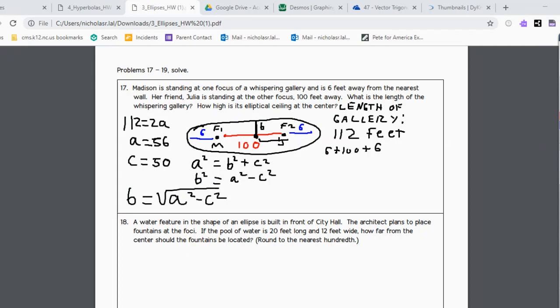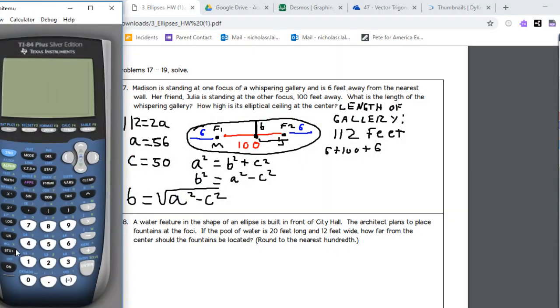So B is equal to the square root of A, which is 56, squared minus C, 50, squared.